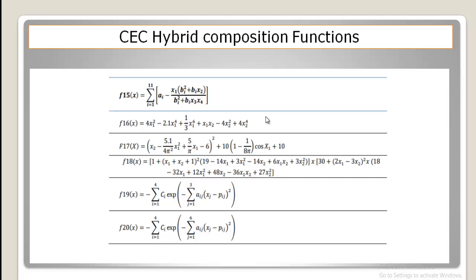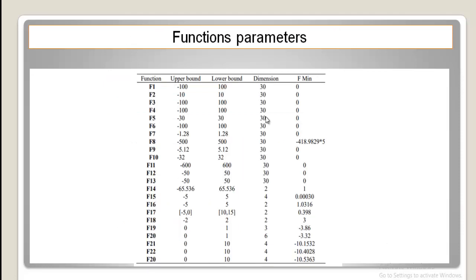The function parameters are shown in this table, which shows the upper bound, the lower bound, the dimension for each function, and the minimal value.